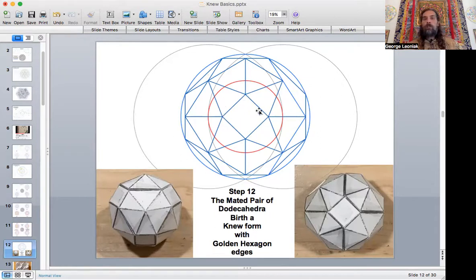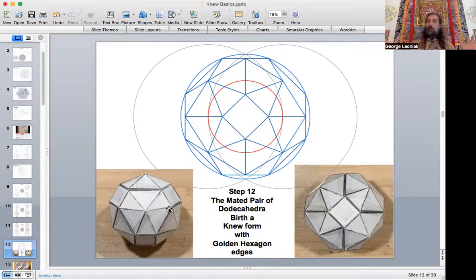So this is where the crisscross of the 2 dodecahedron are. And when you connect the lines across, we've got these edges here that are going to be in golden proportion. And then we've got these edges, which are just meeting at the vertices here. They're going to be a little bit different in length than these golden hexagon edges. Don't have the correct exact value for you. And this is the golden hexagon from this view.